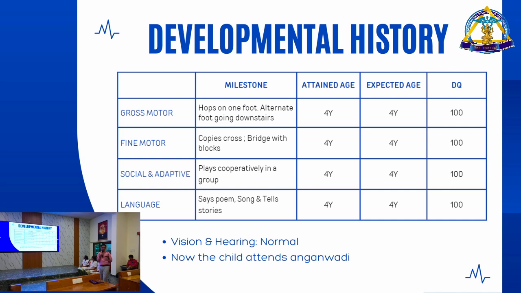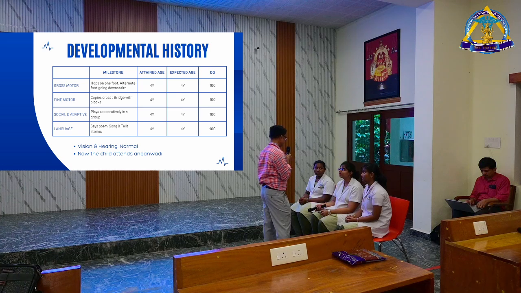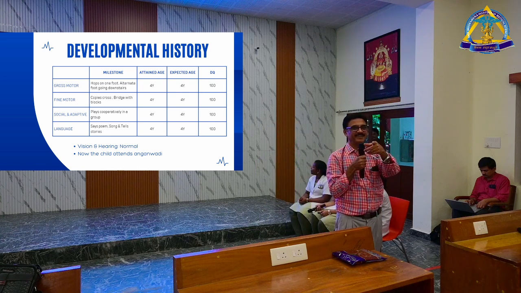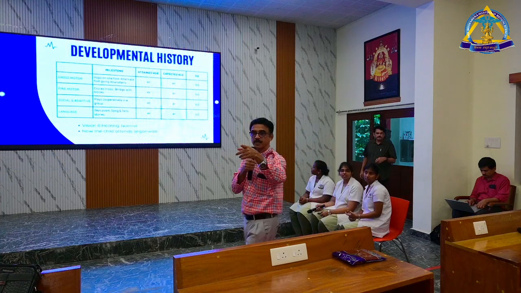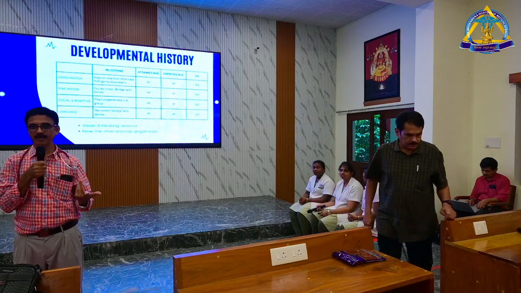Developmental history. What is the need for taking developmental history in a heart disease patient? What do you expect in a developmental history in a heart disease patient? Syndromic babies, there can be global delay, Down syndrome, global delay.